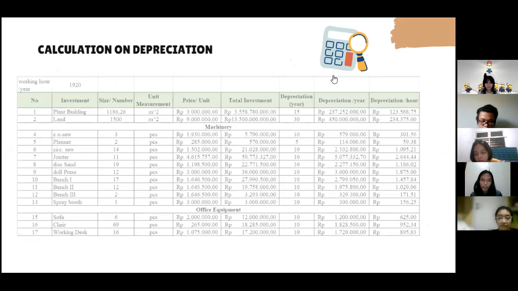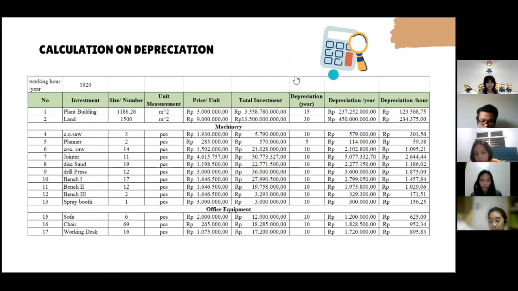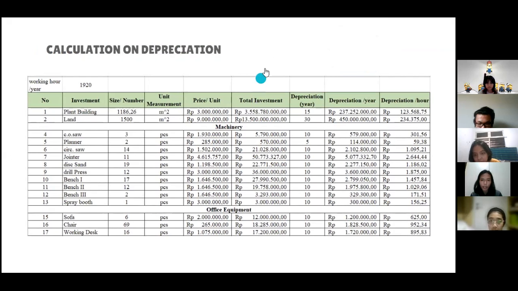For the next, it is about the calculation of depreciation. We already know about the machinery and office equipment, and we add the plant building and the land. This is the calculation of depreciation, and this is the calculation of depreciation continuing.